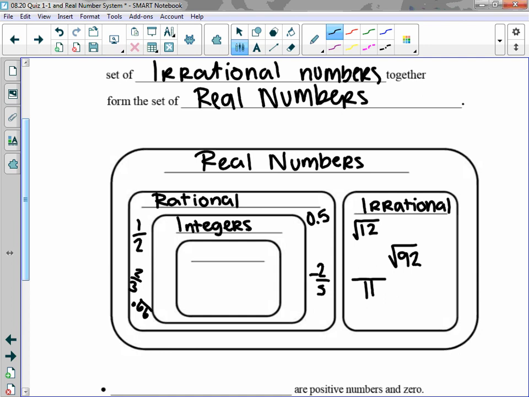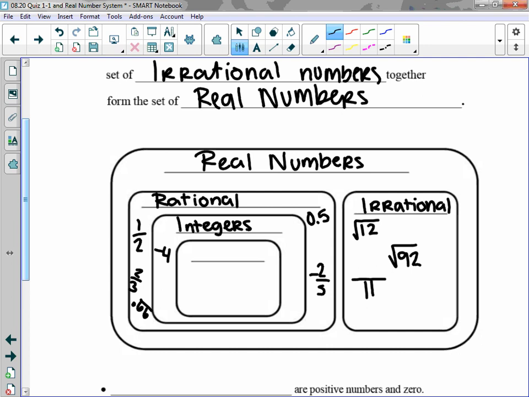No. What would be an integer? -4. So they're kind of like whole numbers, but they can be positive or negative. So they can't be decimals or fractions, because that would make them rational, not an integer. So whole values that are positive or negative.